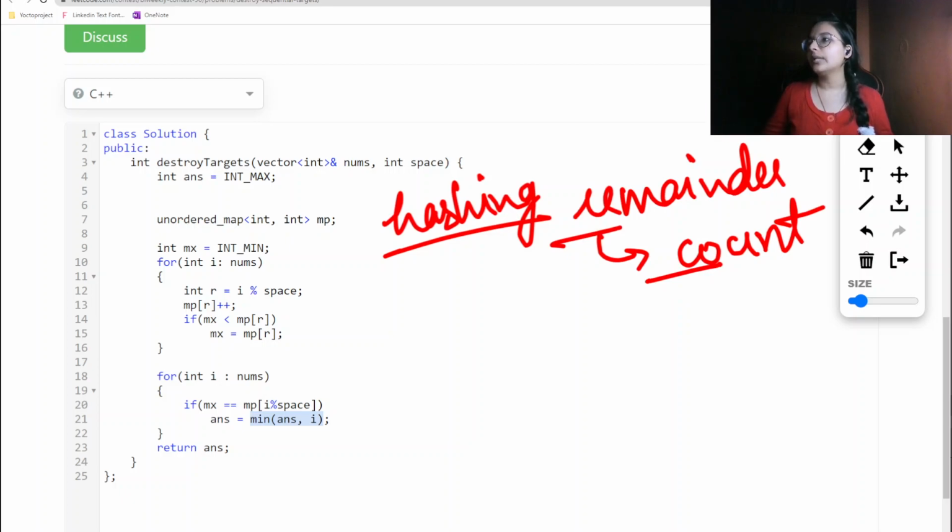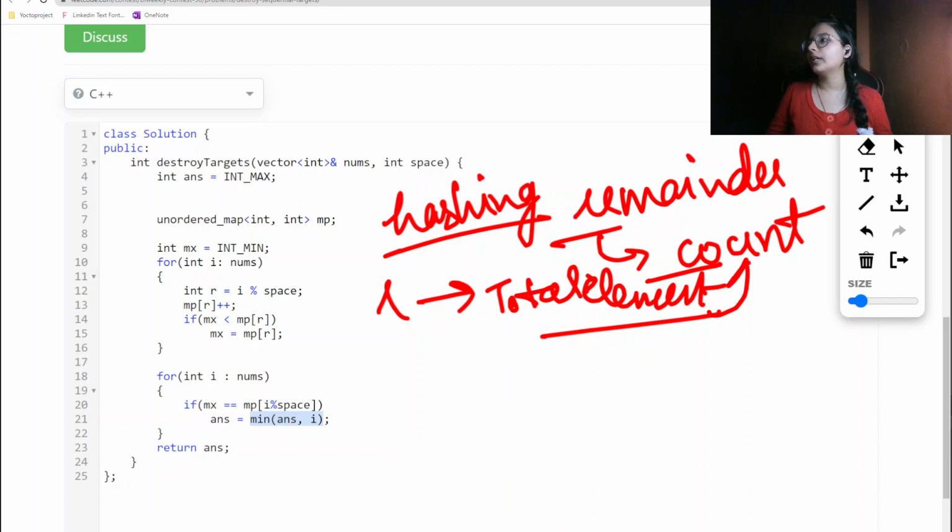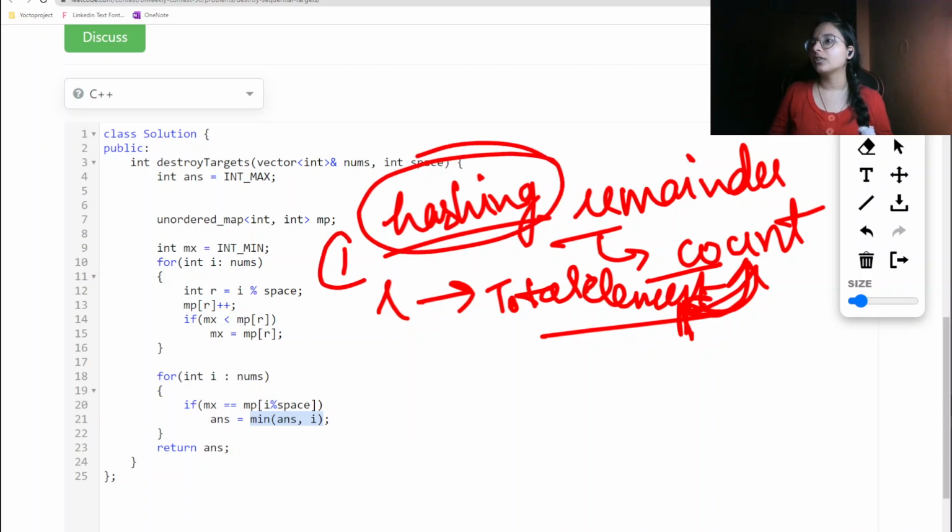And because of this, we will get that whatever remainder is there, how many total elements there are, meaning this count corresponds to this number of total elements. So that we are checking because of this hashing. So that is the first thing which we are going ahead with.